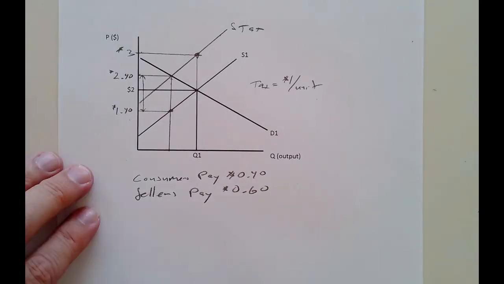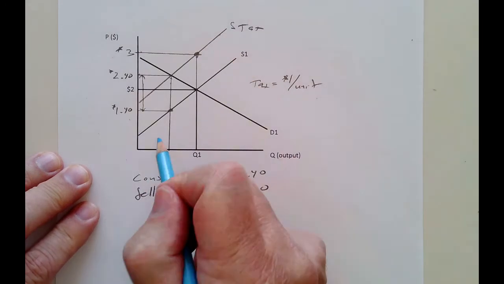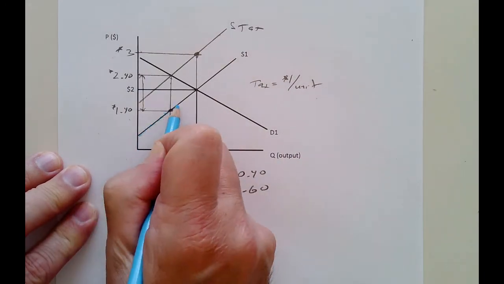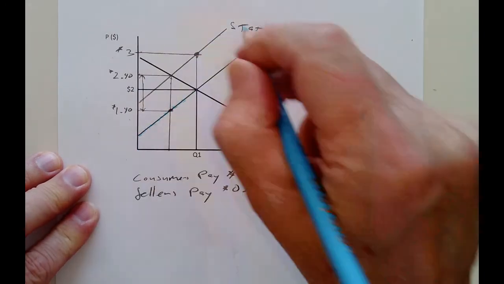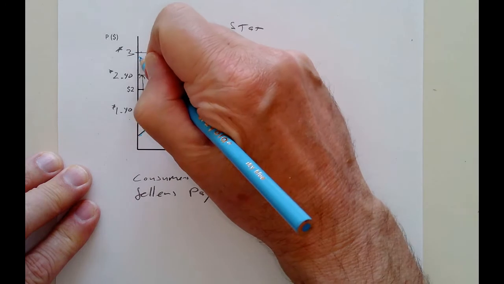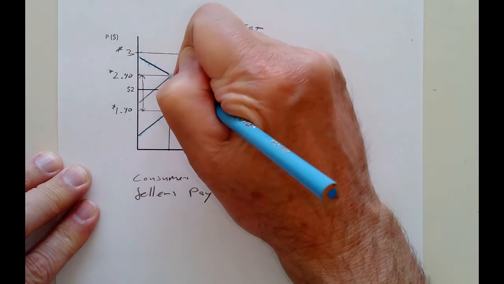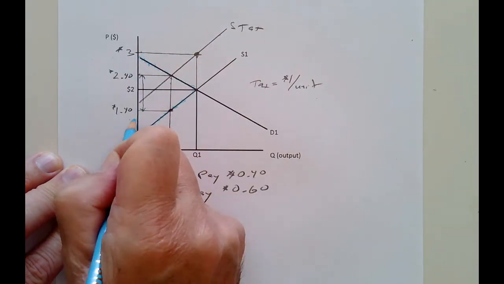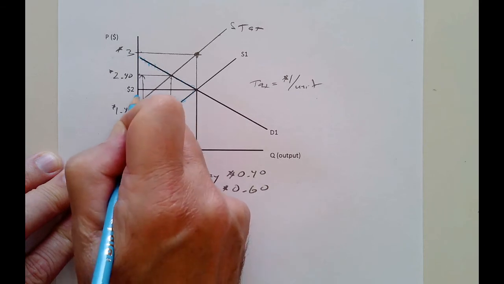Well, before the tax, we had our surpluses, and this was the entire surpluses right here. Difference between the demand and the original supply.